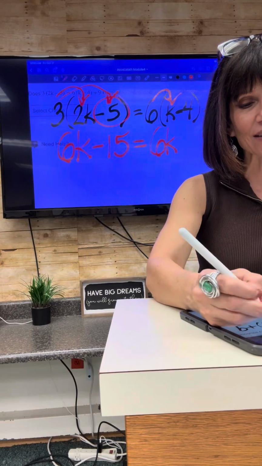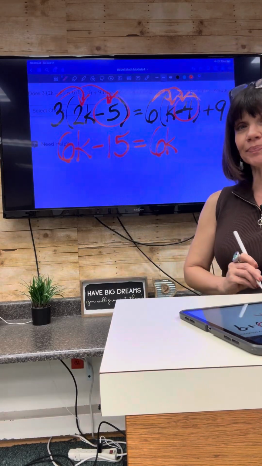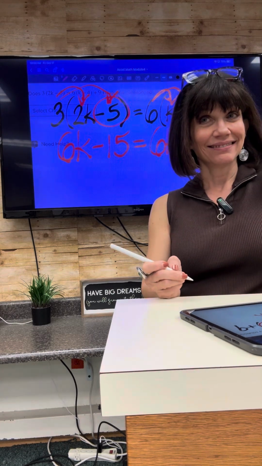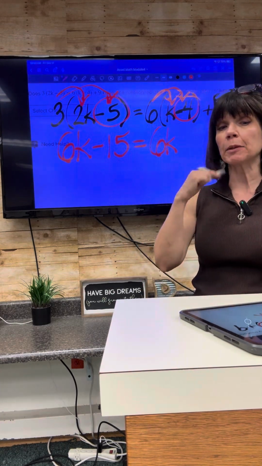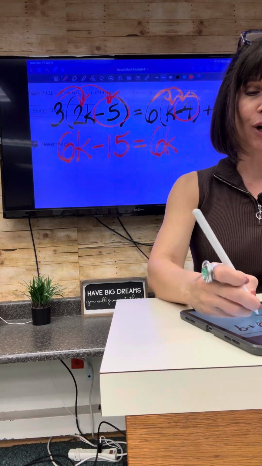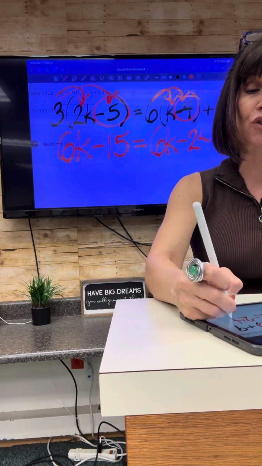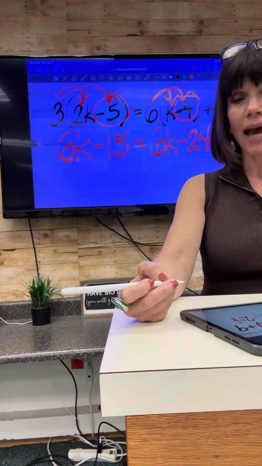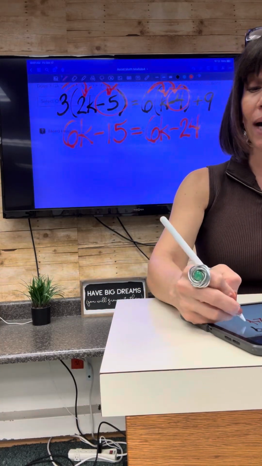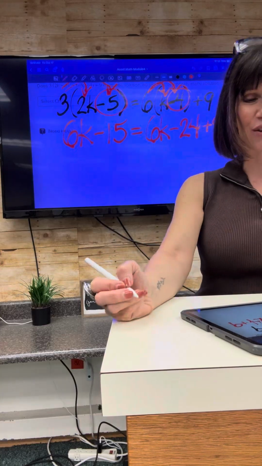All right, what is 6 times negative 4? Anybody? Okay, I have some people saying 24 and some people saying negative 24. Which is it? Negative 24. So it appears as minus 24, yes? And then what do we still copy? Plus what? Plus 9. You got it.